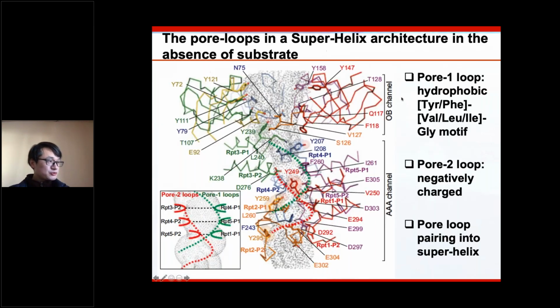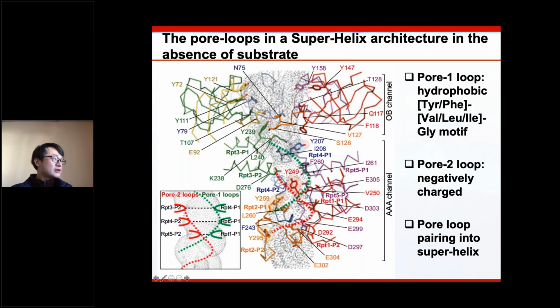So how does the proteasome regulatory particle actually translocate substrate? First, we look at the potential substrate translocation channel in the AAA-ATPase unfoldase, because that's the most interesting part, or say the first part that's going to stably engage with the substrate's unfolded region.